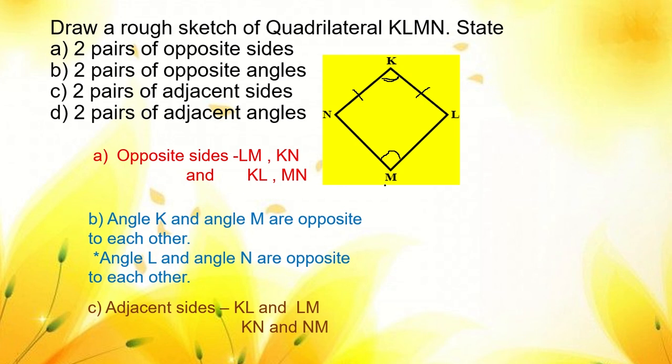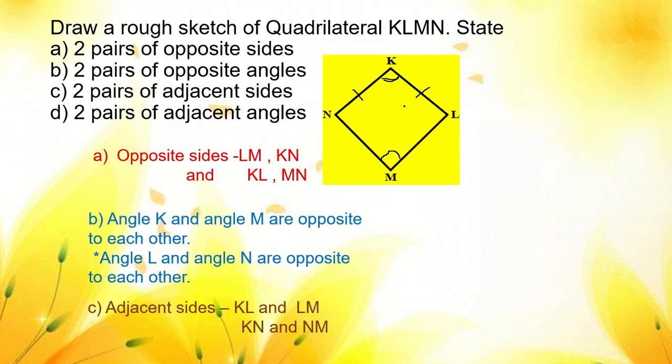Next, you have to write two pairs of adjacent angles. What are adjacent angles? Angles having a common arm between them. As you can see, angle K and angle L. Both are adjacent angles because they have a common arm in between, KL.